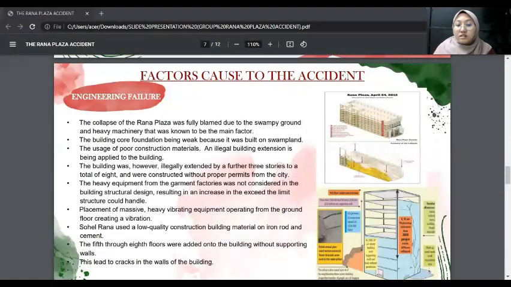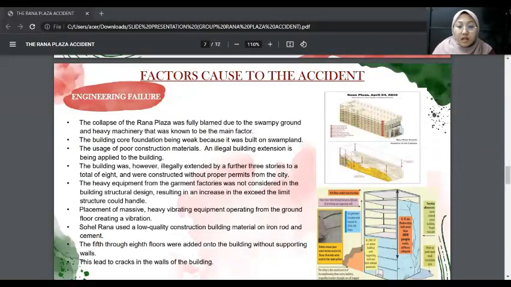And the other floors, 5 until 8, were built from 2008 until 2012 without any supporting wall, which is very important.